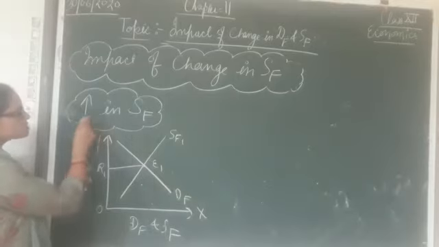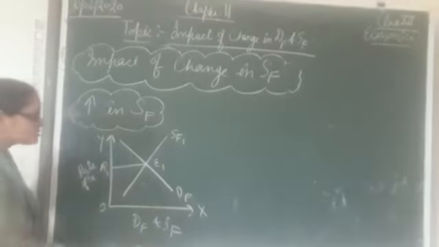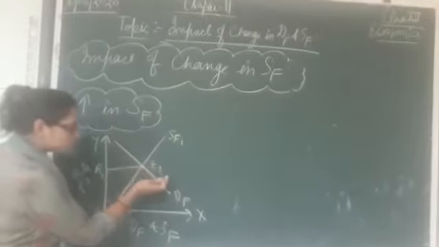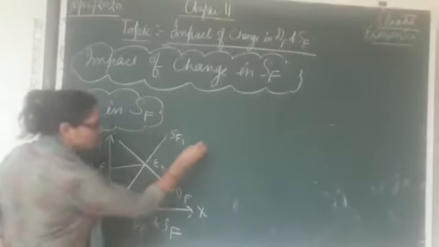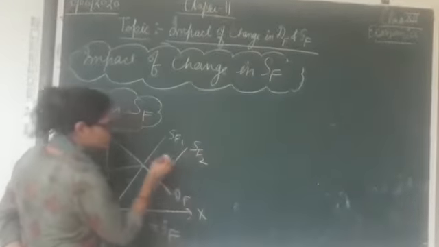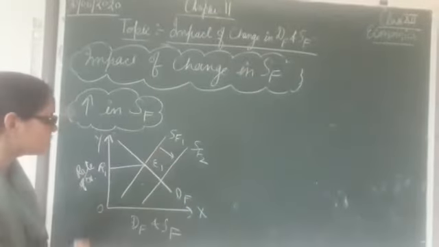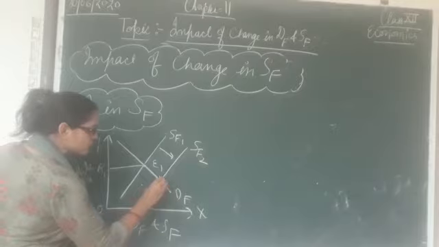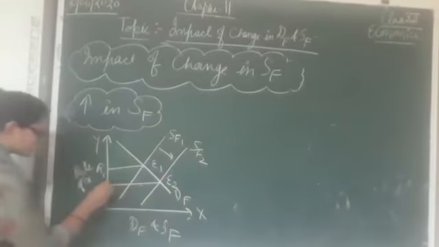Clear? Now if the supply increases, it means the supply curve will shift in the rightward direction. This is the increase in supply curve. The equilibrium will shift downwards and the rate also decreases.